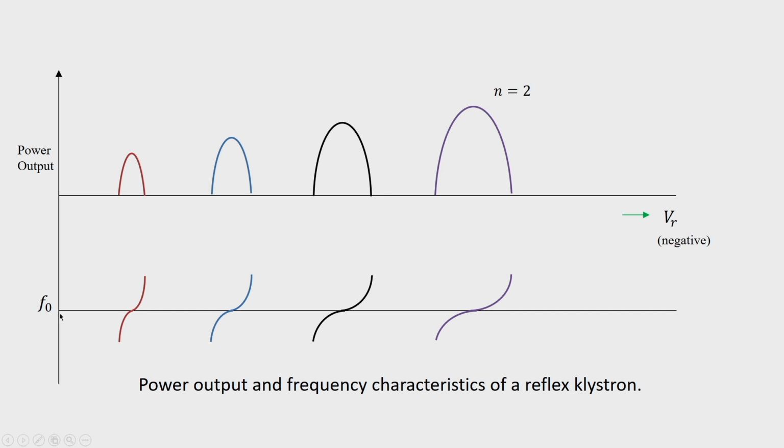Also, the frequency around the resonant frequency f naught, where this power is available, is indicated, and these are only some representative plots showing the behavior of the device.